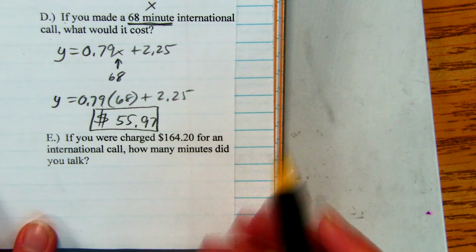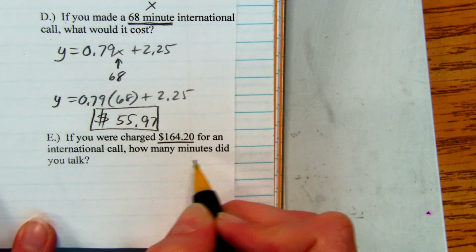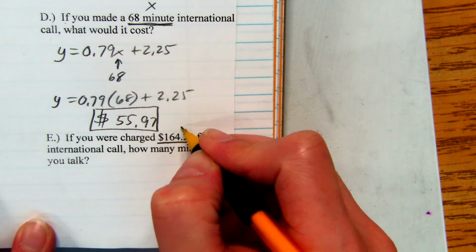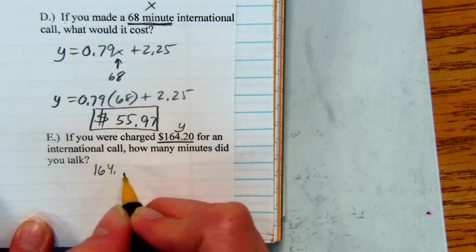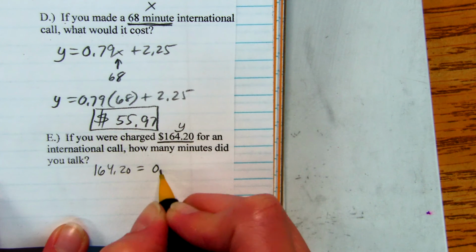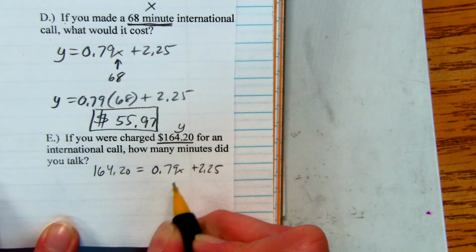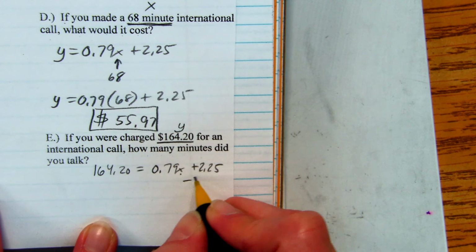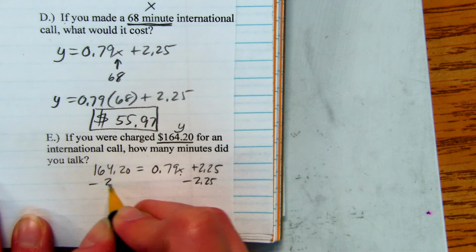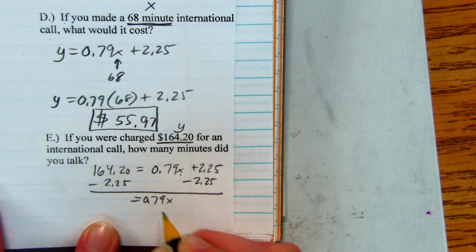And if you were charged $164.20 for an international call, how many minutes did you talk? So this dollar amount would be Y, so I'd put that on the other side of my equation: 164.20 equals 0.79X plus 2.25, and I would have to solve for the minutes. That will be X. So we'd subtract 2.25, and we get 0.79X on this side.